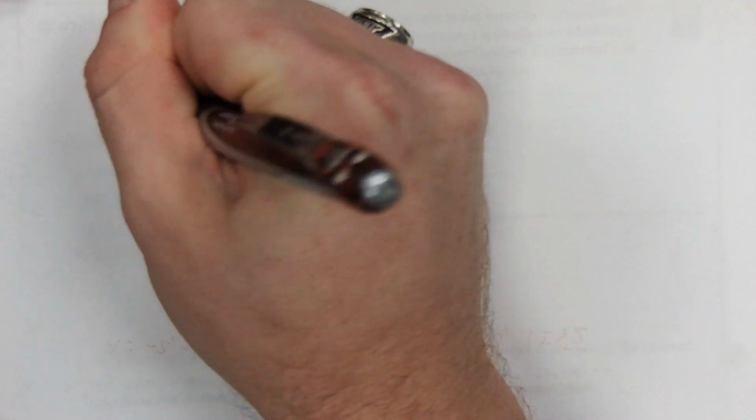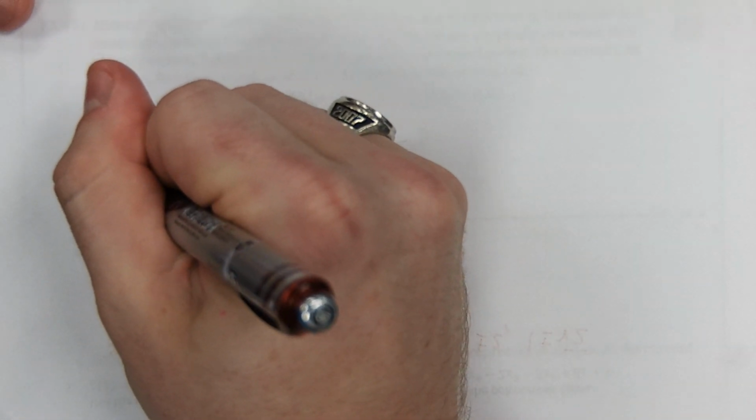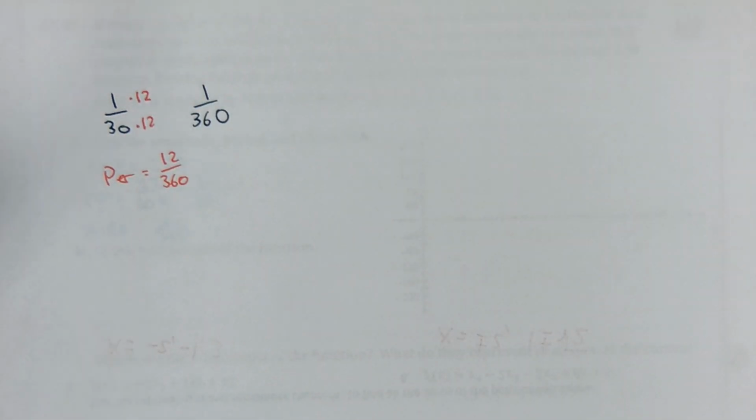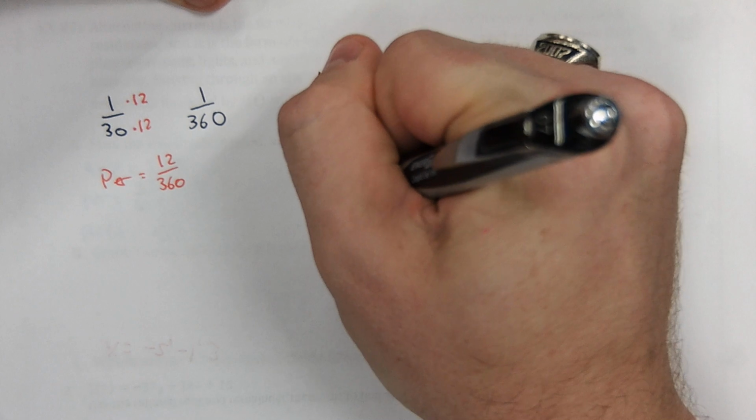So what that means is, instead of saying the period is 1 over 30, we're going to say that the period is 12 over 360. And the reason why we want to do that is because we're going to start at 1 over 360, and then we're going to go 12 over 360 from there. And that'll make life really easy to graph. So we're going to do this.